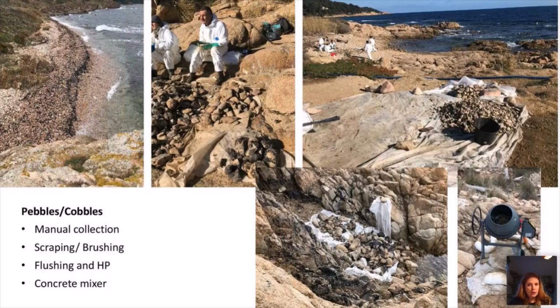As you have seen in the previous Ken presentation, the cleaning of pebble can be quite complex and quite time-consuming, really. Again, in our case, this follows a typical cleaning process with manual collection and sorting the most contaminated pebble out, followed by the removal of accumulation by scraping or brushing, and then using a combination of flushing and high-pressure washer, and sometimes the use of a cement mixer to clean those pebbles more mechanically.